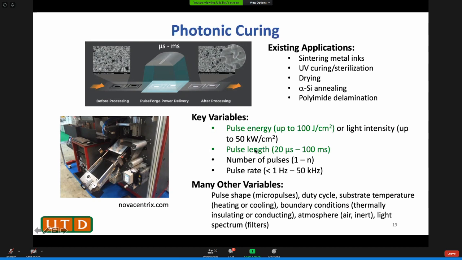So at the end, they come to thermal equilibrium.